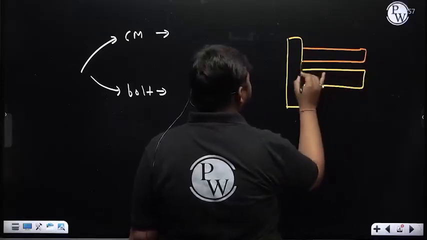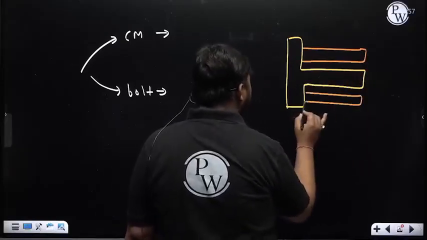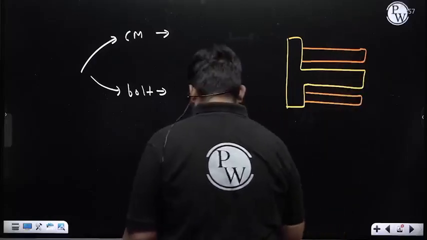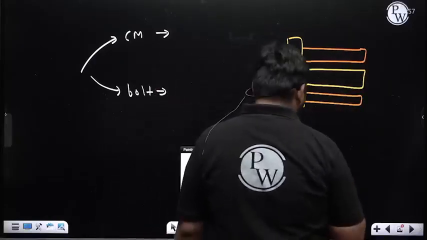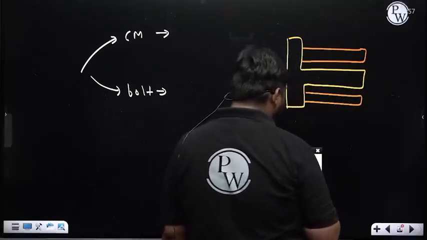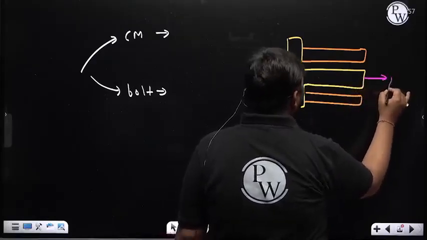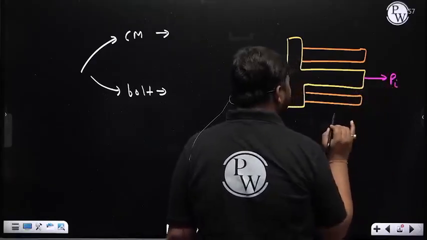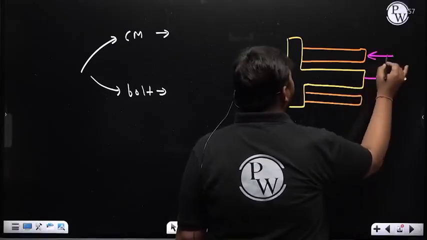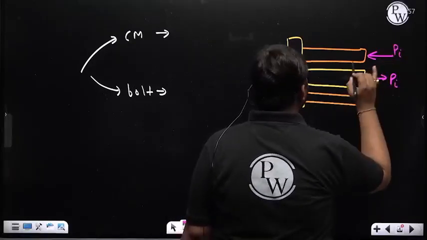Here I am just showing the cut view of this assembly. Now due to preload, suppose during tightening the preload is Pi. So Pi amount of tensile force will be induced in the bolt, and Pi amount of compressive force will be induced in the connecting member.